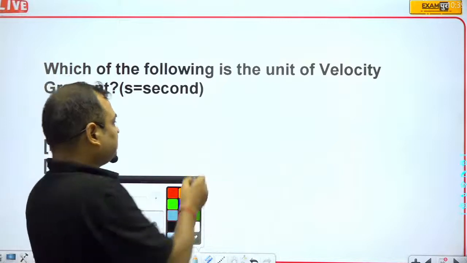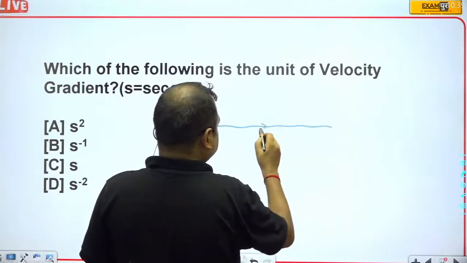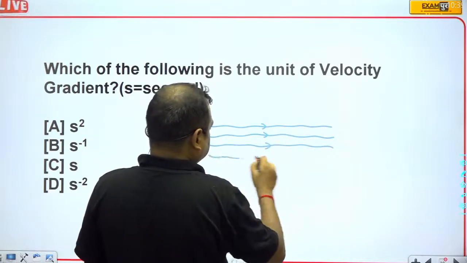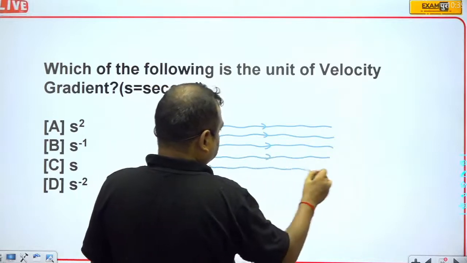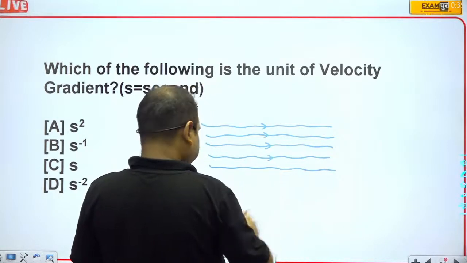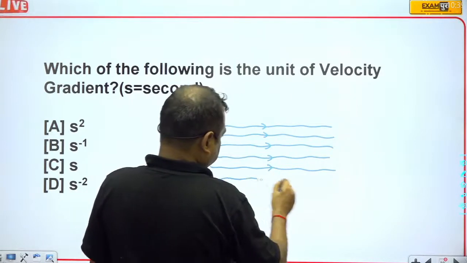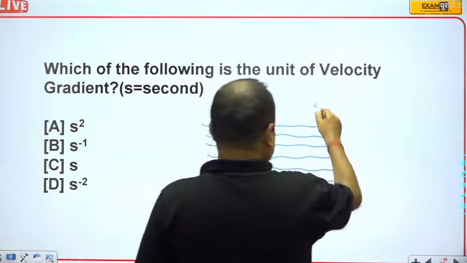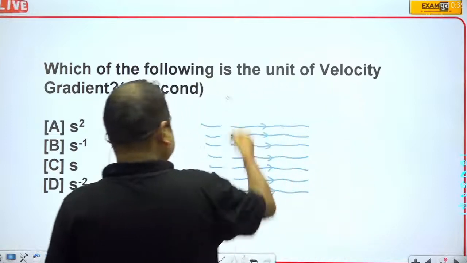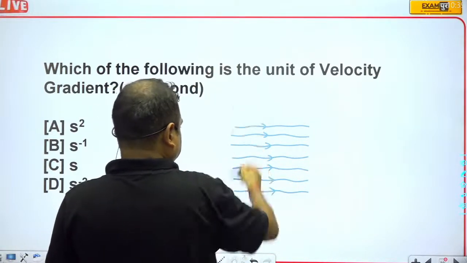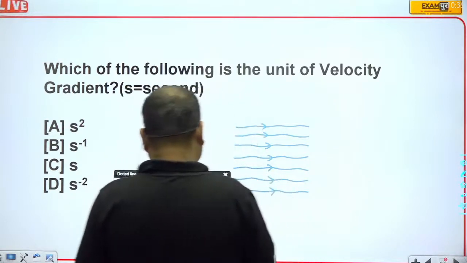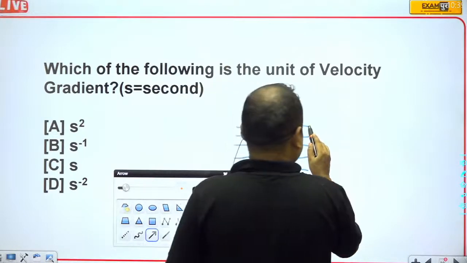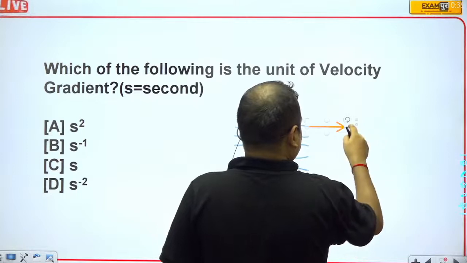Let me tell you one thing: when the water flows in a river, the velocity of the water is maximum at the surface.